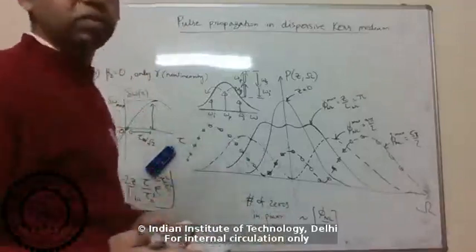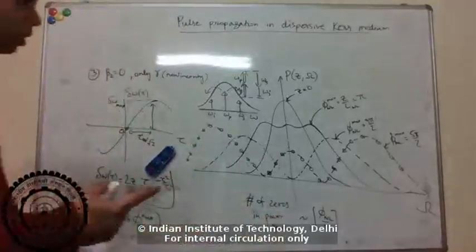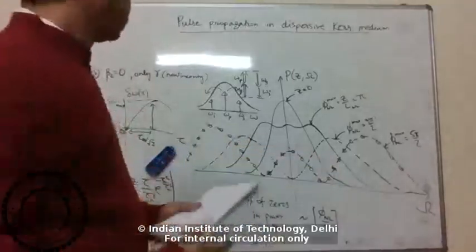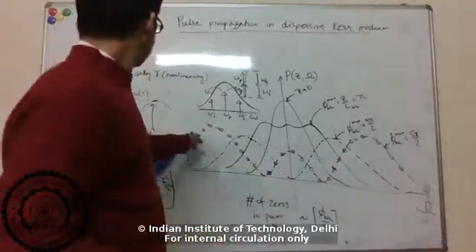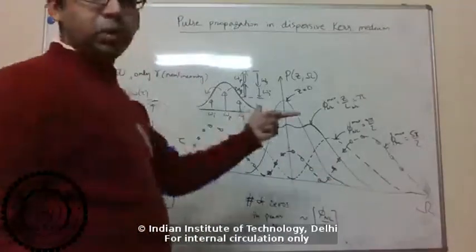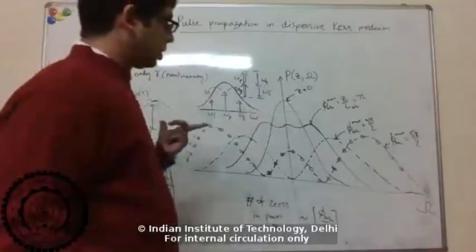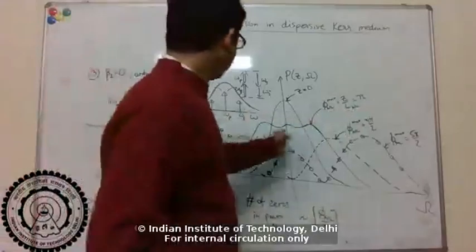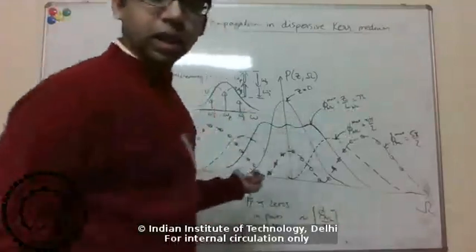But the trick is to get the pulse to be transform limited without any chirp, right? So here, what's happening? We saw that in the time domain, the pulse is traveling as it is, whereas in the frequency domain, the spectrum is actually broadening.